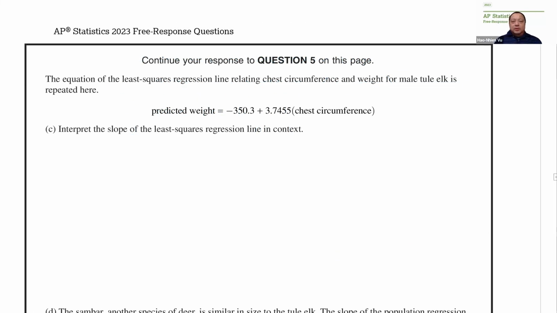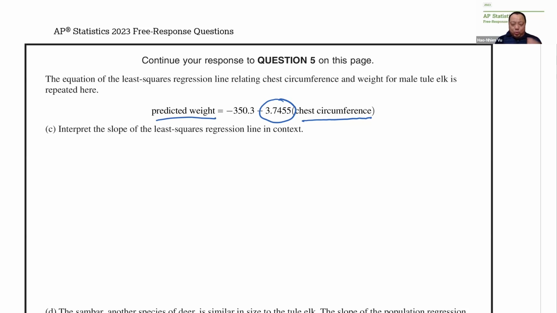Part C, interpret the slope of the least squares regression line in context. So here's the slope, and the slope in algebra means that for every actual 1 in X, that's how much the Y value is moved. So X here is the chest circumference. Y here is a predicted weight.